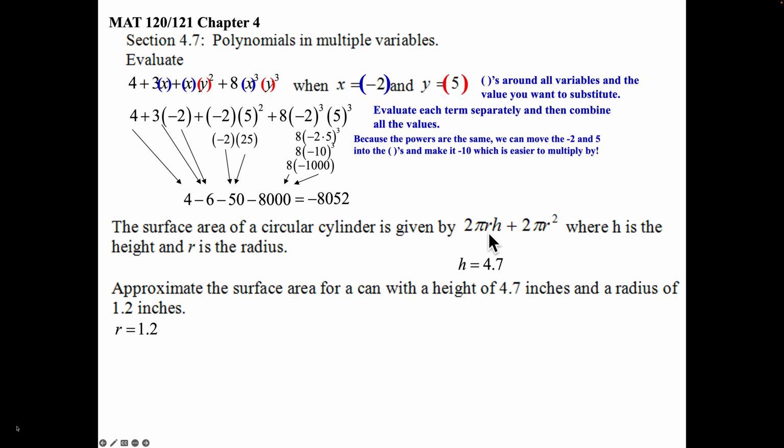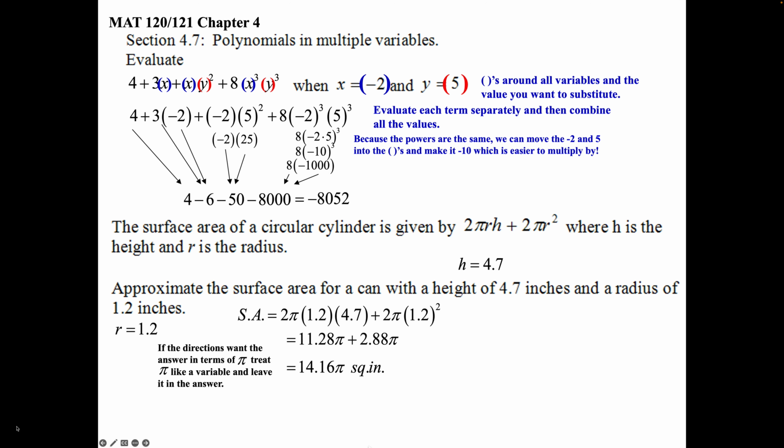So again, go with parentheses, different colors, or parentheses and brackets. If you can do just straight parentheses, that's fine. So my surface area is 2 pi times the r, 1.2, times the h, 4.7, plus 2 pi times, in parentheses for my r squared, 1.2 squared.